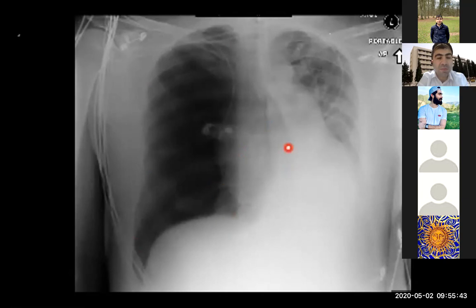It means this is a tension pneumothorax. The mediastinum and the cardiovascular structures are under tension here. So this is an emergency, please don't miss these cases. They are very important and they are emergencies.